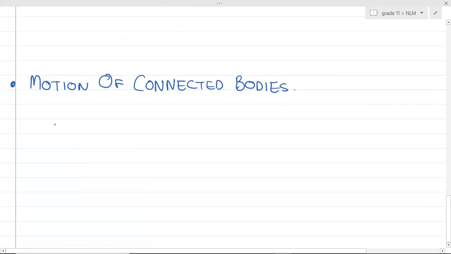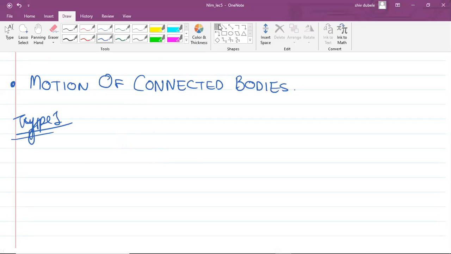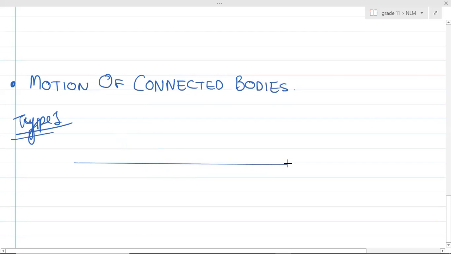This is a type of question, a very important type, as you know, for considering NLM and all. So suppose guys there is a smooth horizontal ground. Can you see a smooth horizontal ground? And I have 2 or 3 blocks.